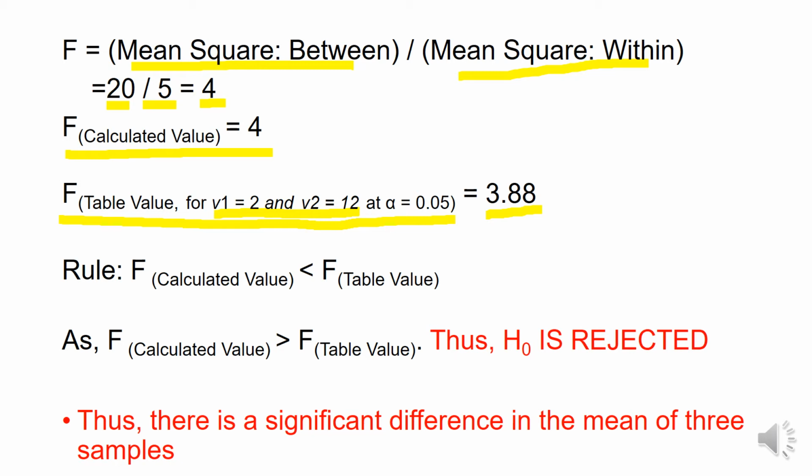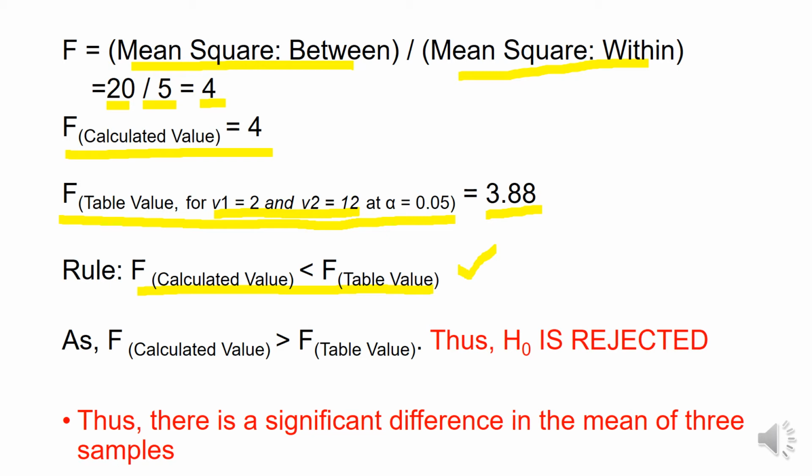The rule to now proceed further to make meaningful conclusion about the hypothesis is that the f calculated value should be less than the f table value. If this is true, then the hypothesis will get accepted, otherwise the hypothesis will get rejected.